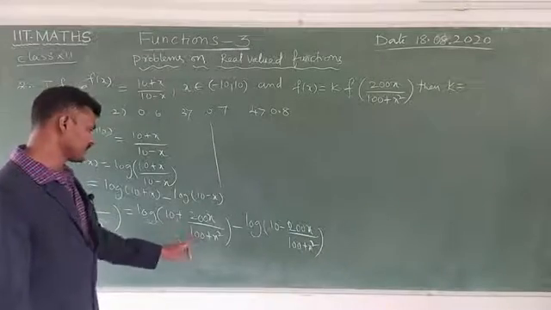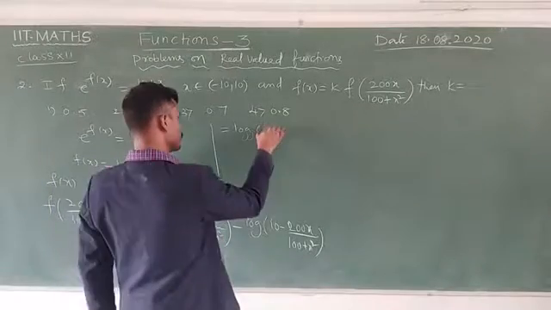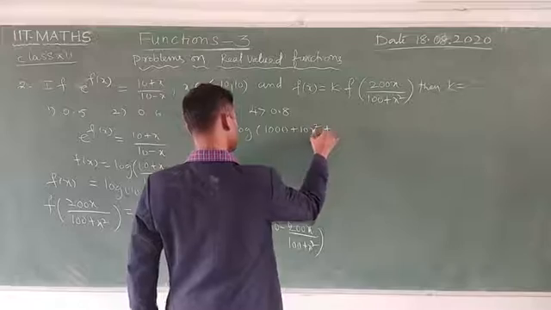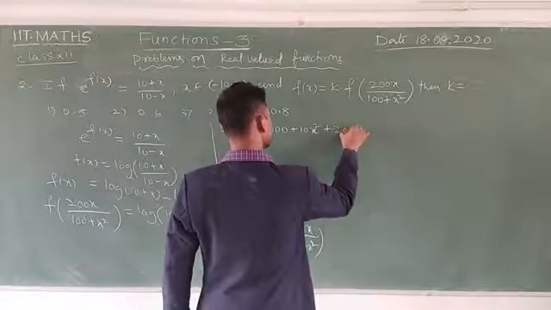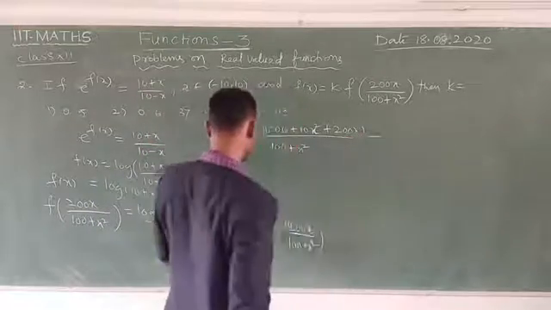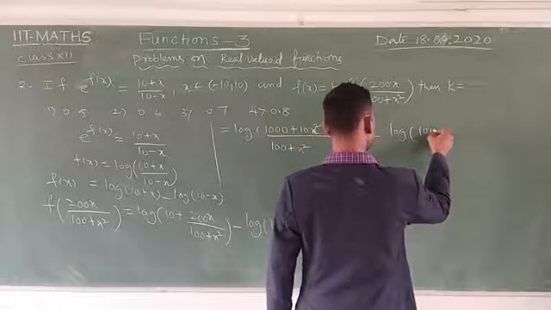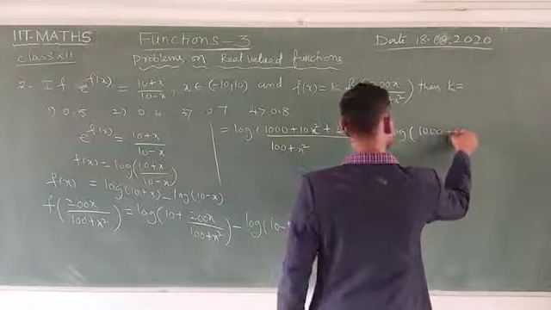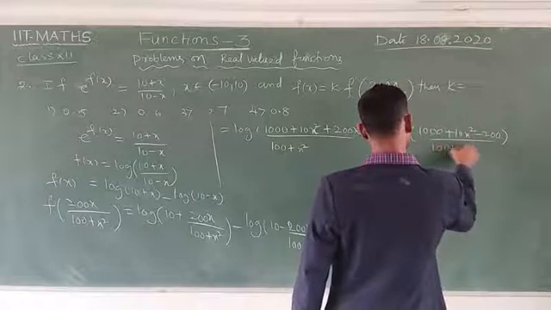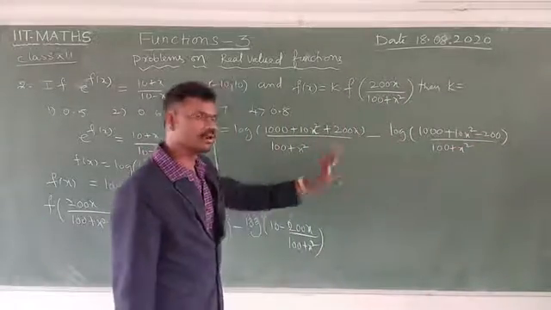Now you can multiply: log of (10 into 100 is 1000, 10 into x square is 10x square, plus 200x) whole by (100 plus x square), minus, here also the same, log of (1000 plus 10x square minus 200x) by (100 plus x square). Now this is log a minus log b, again you can write log a by b.